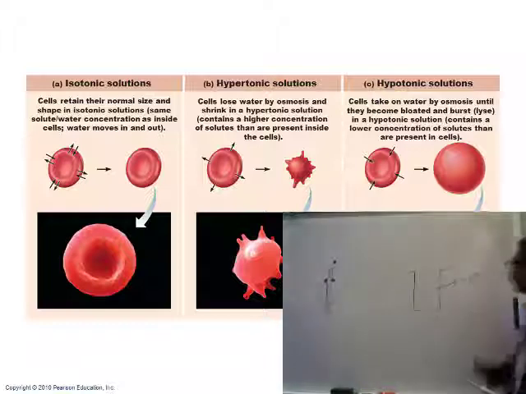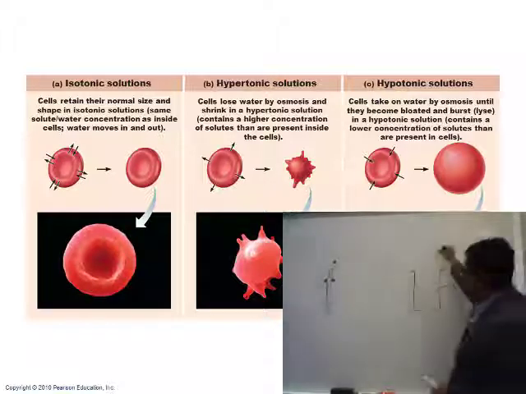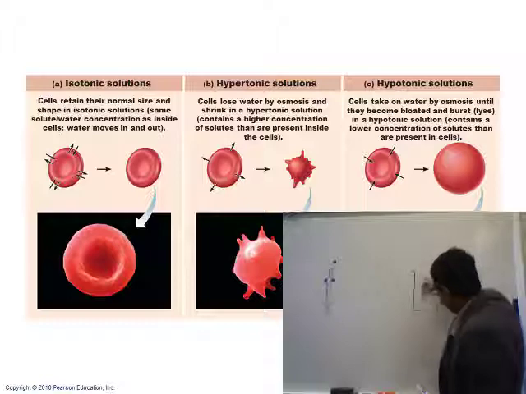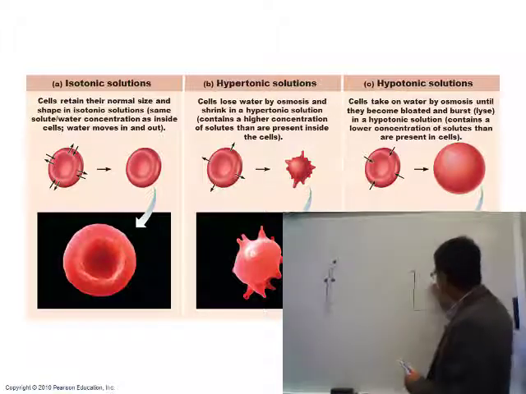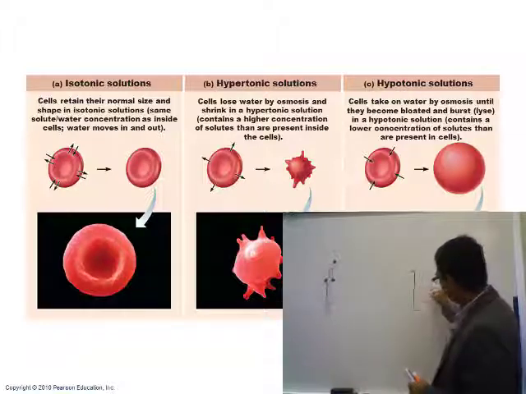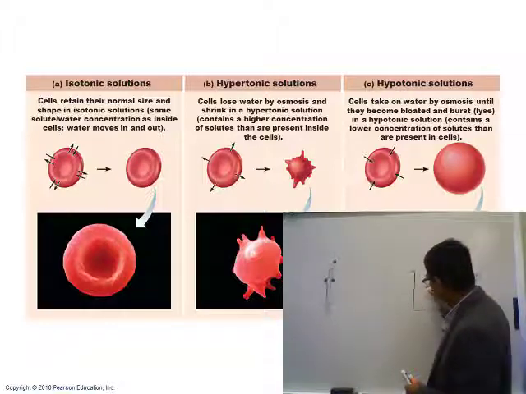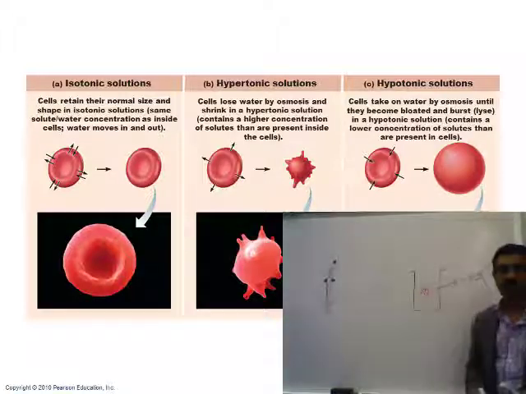That's the unit. And if you drop a red blood cell, for example, inside the cell, the concentration of fluid is 10 milliosmol.